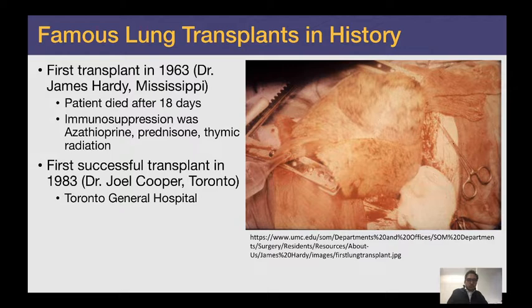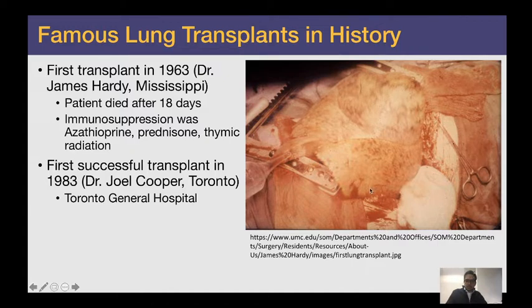So we probably wouldn't be able to do experiments on prisoners nowadays, but that was the first person who got a lung transplant, and his immunosuppression was azathioprine, prednisone, and thymic radiation. But the first successful transplant, where successful is described as a transplant in which the patient survives for more than a year, was done in 1983 at the Toronto General Hospital.